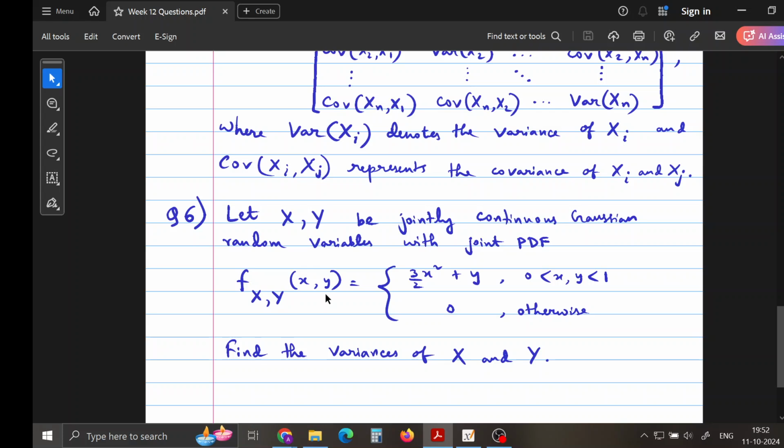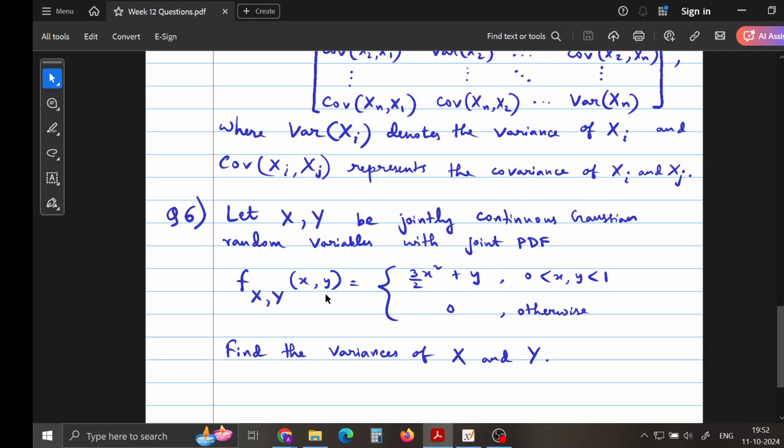We know that the variance of x is given by the expectation of x squared minus the square of the expectation of x, which means the mean squared value minus the square of the mean value. This is known to us, and similarly you can do it for the variable y as well.